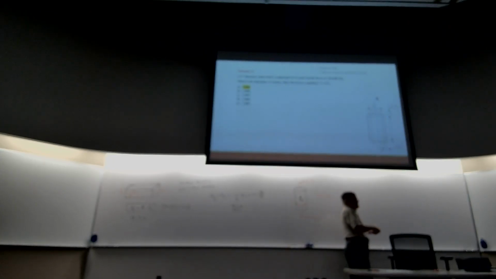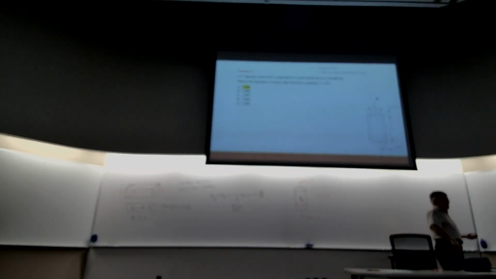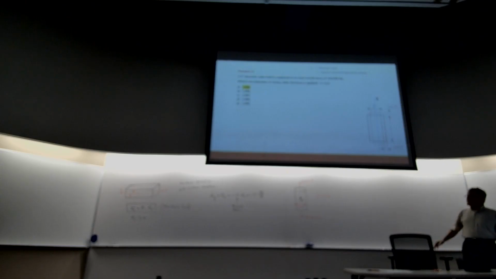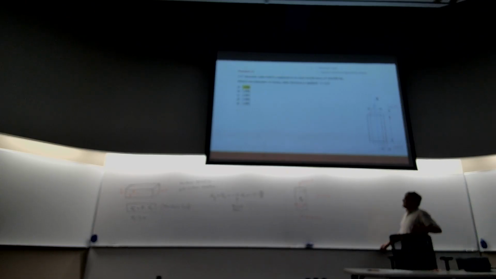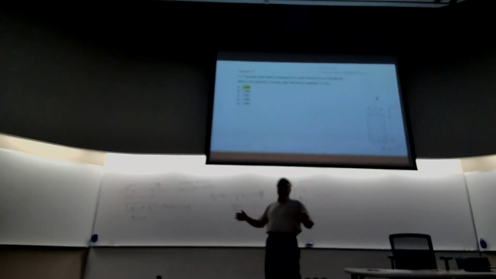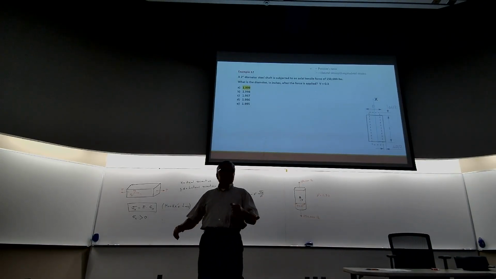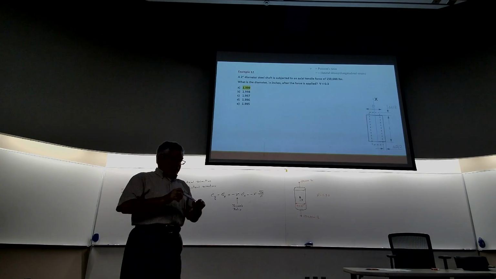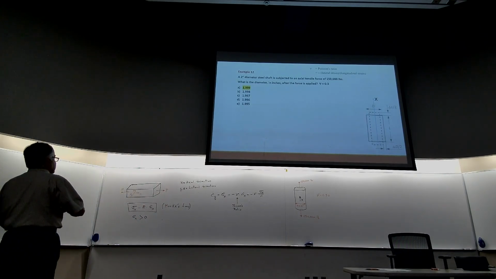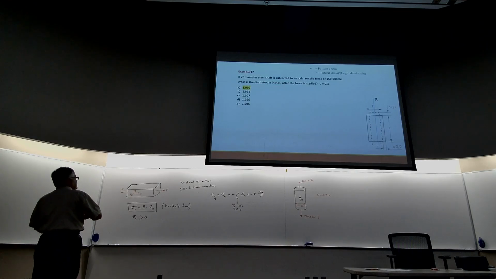We just saw this in our table. And we're asked to find the new diameter. And you have the answer. We go from 2 inches to 1.999. Clearly a very small reduction in diameter.